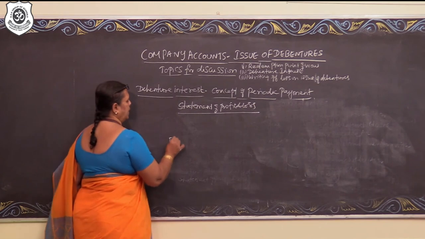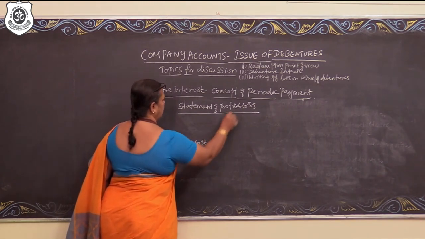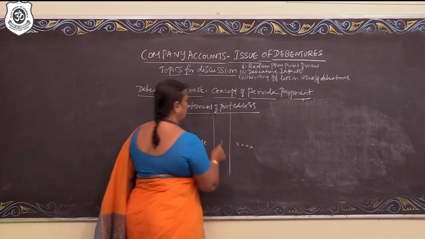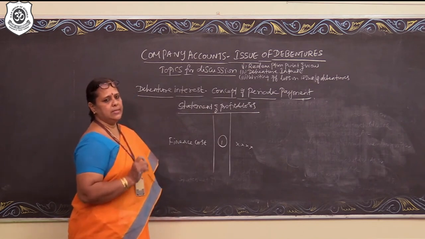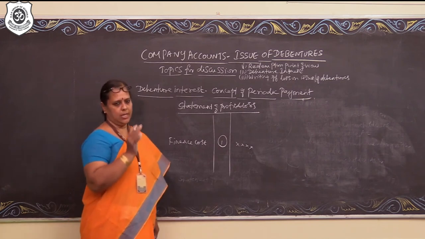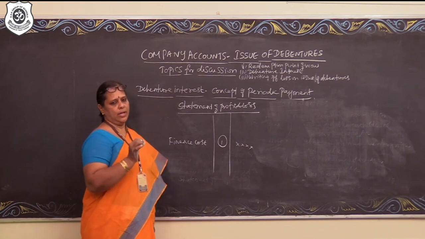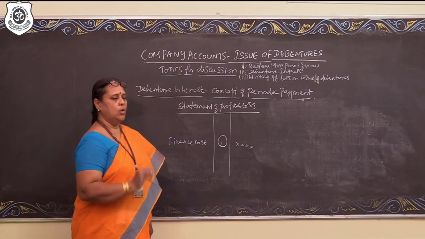So, under the heading finance cost, you will mention in the notes to accounts and discuss everything. In the notes to accounts, this will stand for debenture interest that has been paid during the current year. The total interest, irrespective of whether tax is paid or not, is a charge against profits. Therefore, it will be debited to statement of profit and loss.